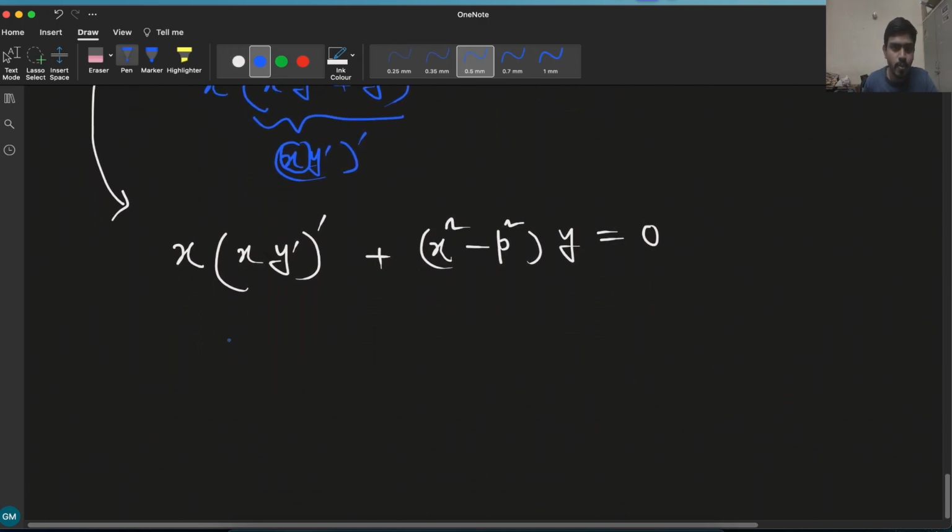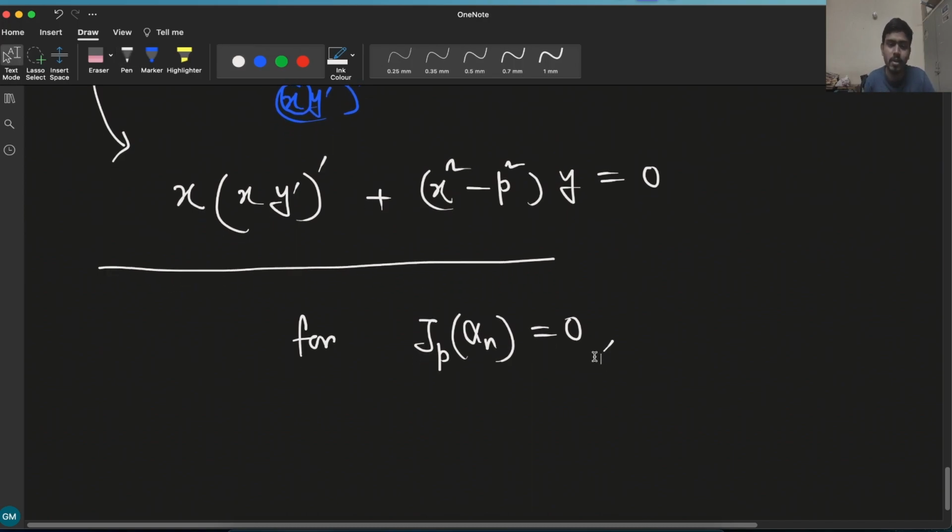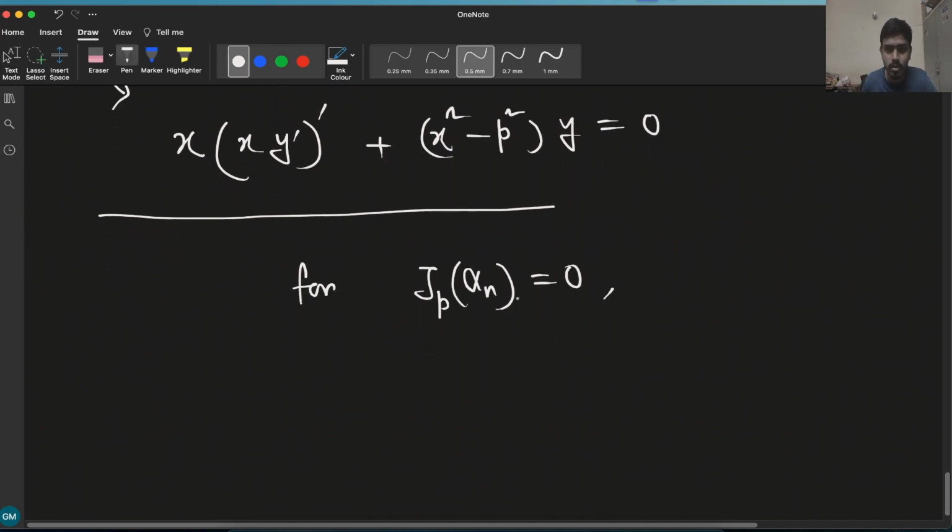And now for J of alpha n equals to 0, so for a zero of Bessel function, which is in this case alpha n, let's say Jp(x). So I am fixing the value of p for some particular value of p.